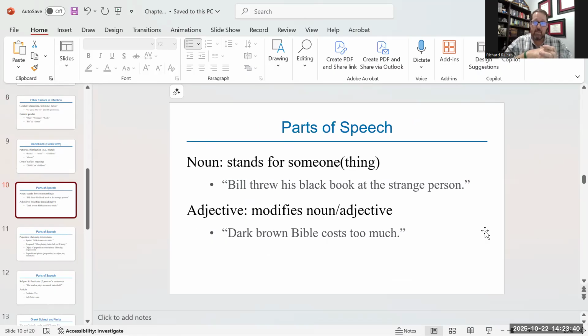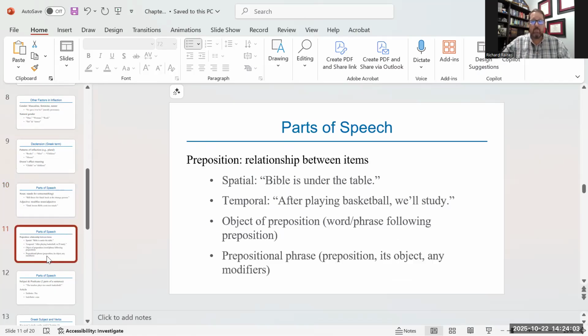You also have adjectives. Adjectives modify a noun, right? The dark brown Bible. The Bible is the noun. The dark brown are the adjectives.